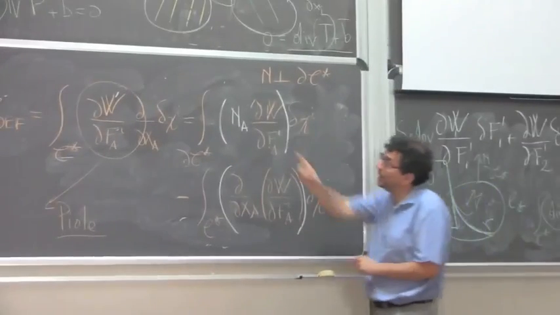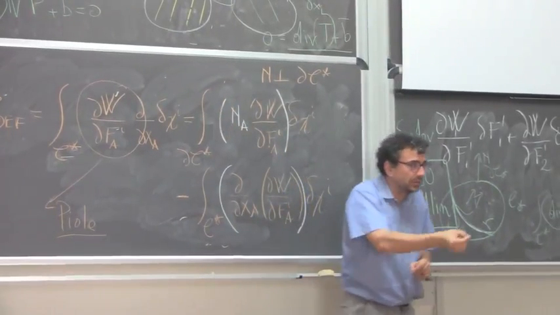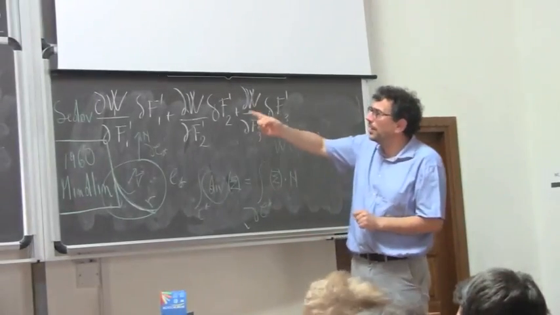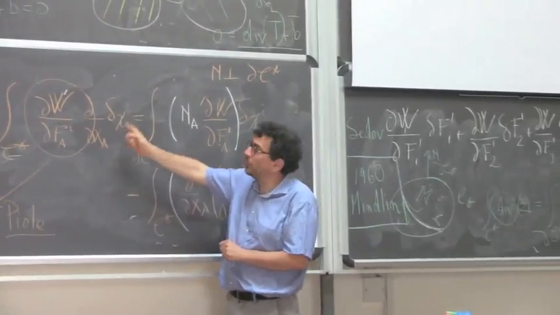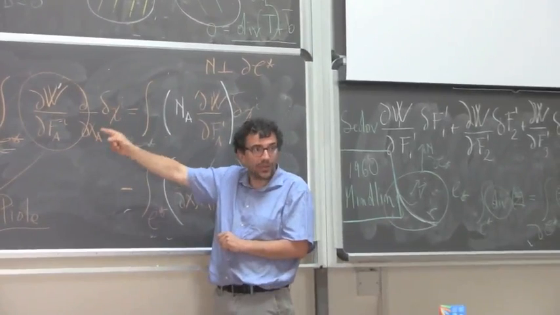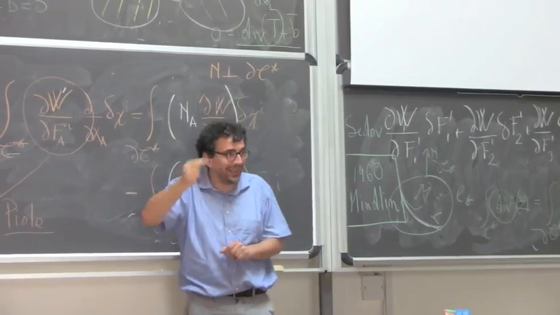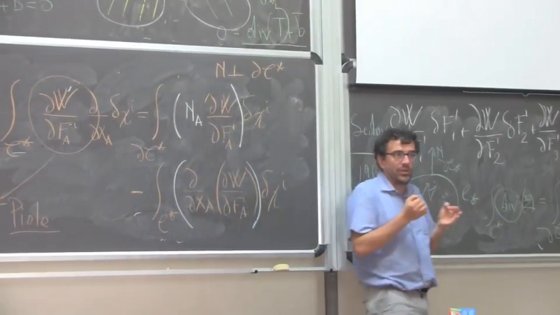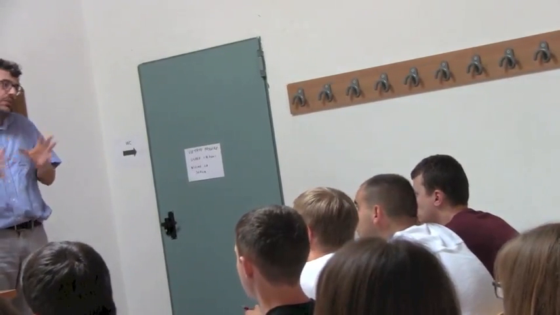So people are calling div P plus b equals 0 strong equations for equilibrium. Why this one? So delta energy of F plus delta energy of chi equals 0 for every delta chi. These are called weak equations for equilibrium. So you can characterize equilibrium with the weak equation.